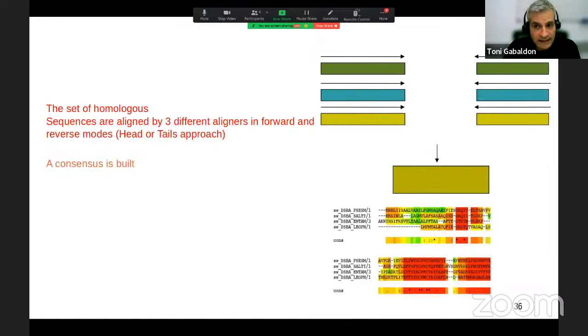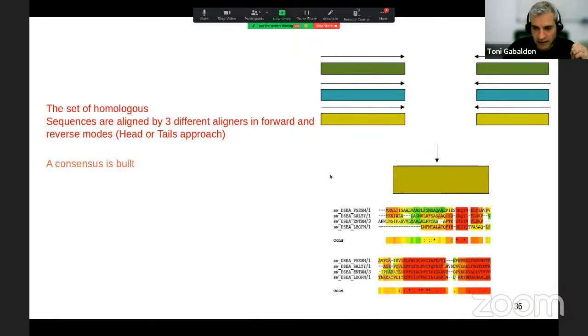So then we have 6 alignments, and we build a consensus from these 6 alignments, getting the pair of residues that is most often seen among these 6 alignments. And that's interesting, not only because we think the consensus alignment will be better than each of the individual alignments, but also because it provides us information on which regions of the alignment are not conserved, but stable, and do not depend on the algorithm, and which regions are variable and will change if you change the direction or the algorithm.